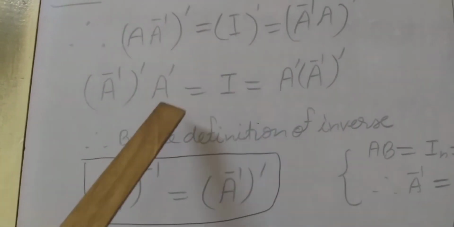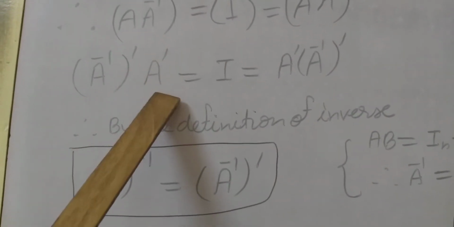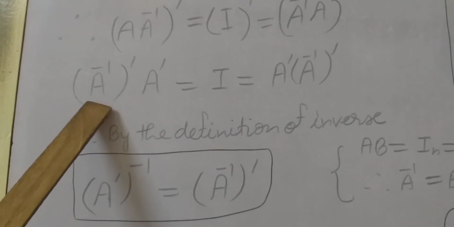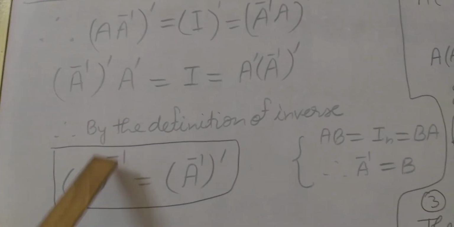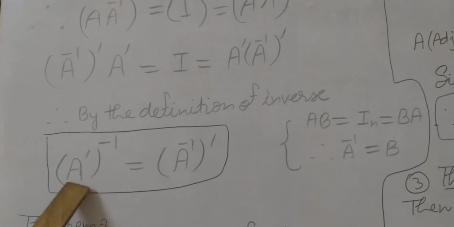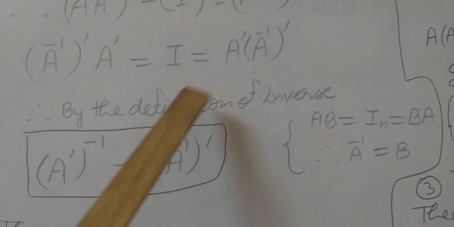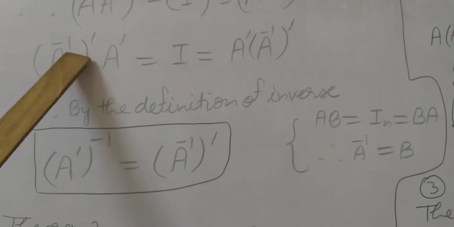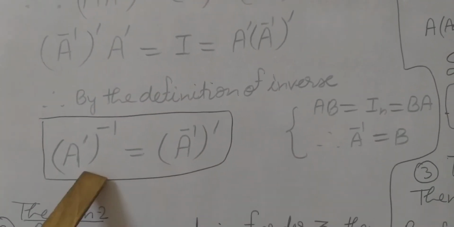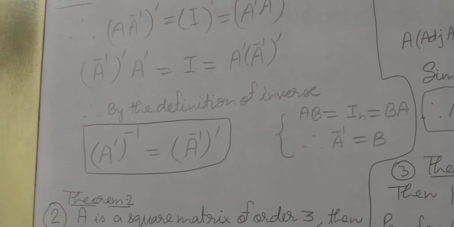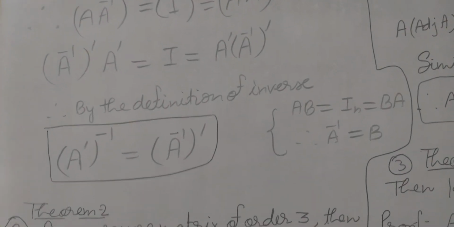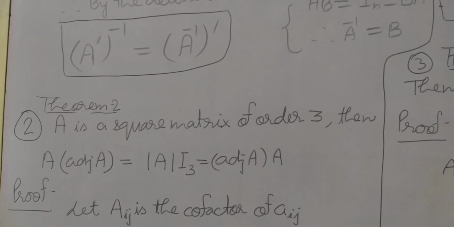Then we can say its inverse equals this. So by the definition of inverse we can write A transpose inverse equals A inverse transpose. It's proved.